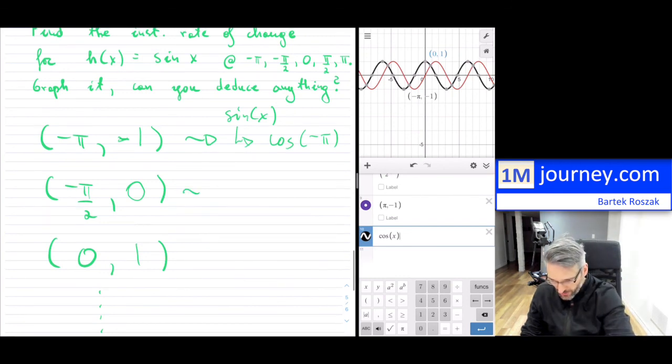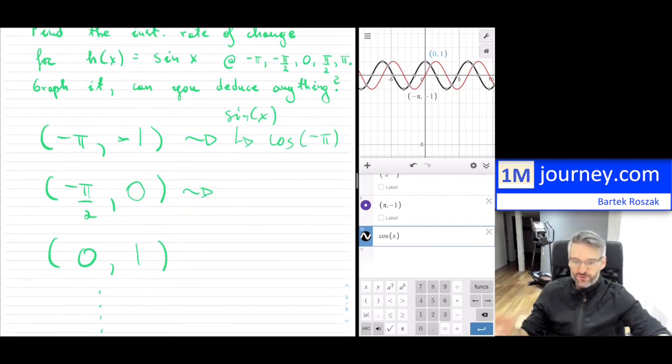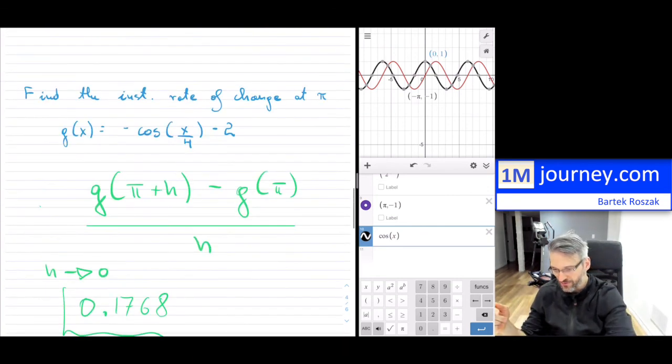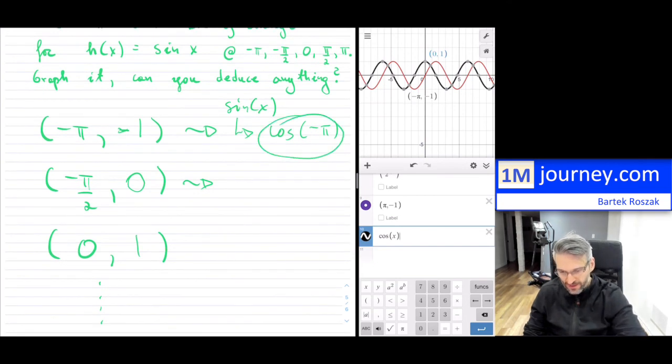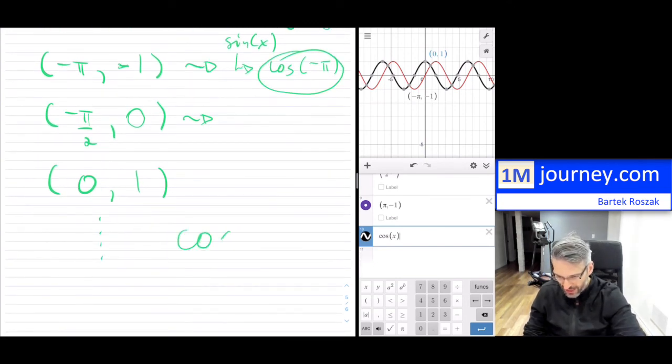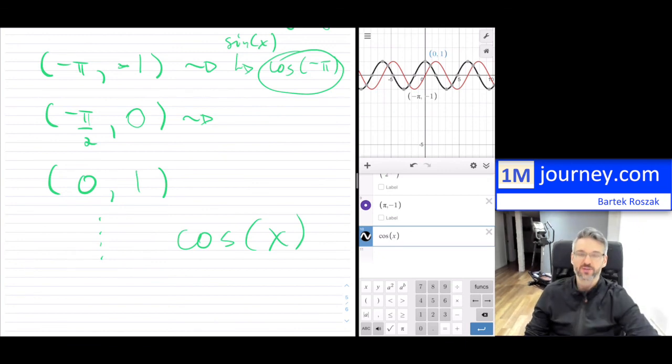So instead of doing these calculations over and over, you can find the instantaneous rate of change at any point of sine of x, and it's cos of x.